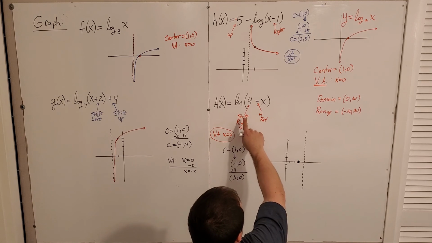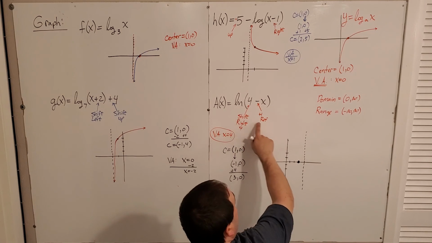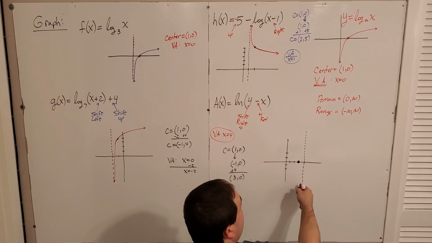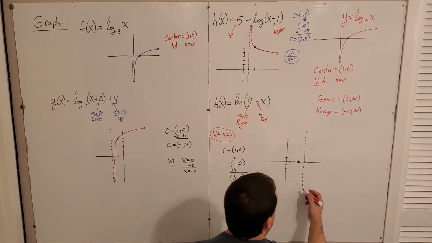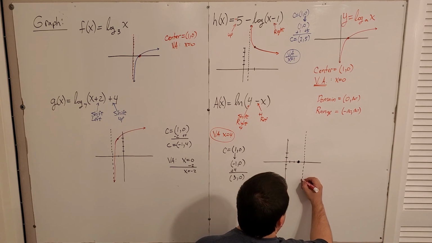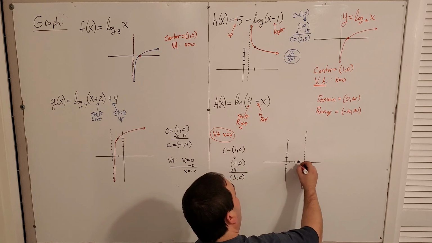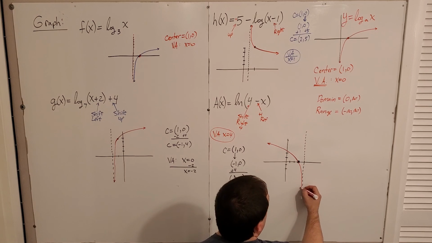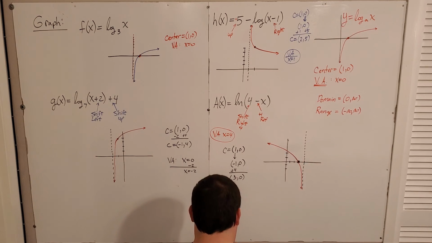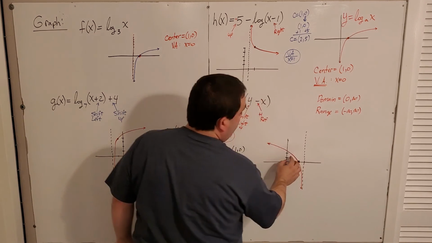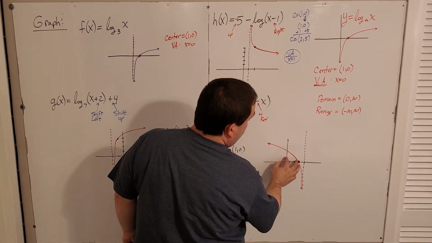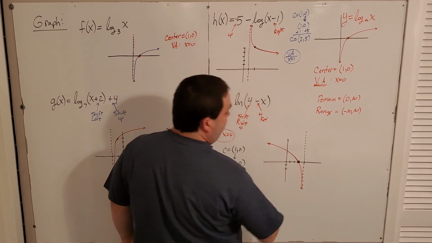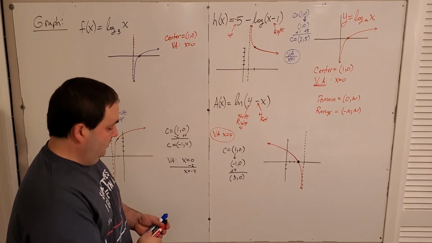However, it was not vertically reflected, it was horizontally reflected, which means it's still going to hug at the bottom. And then when it hits that center point, it's going to hook outwards, that way. I could be a little off with that one right here, so I probably don't want to mark those. I don't know exactly. We didn't calculate it.